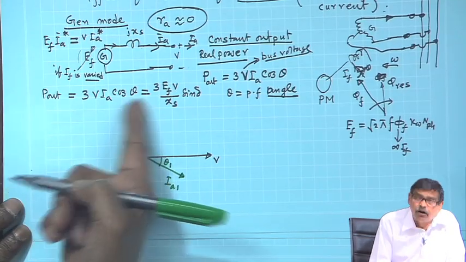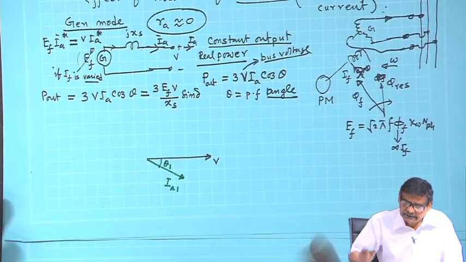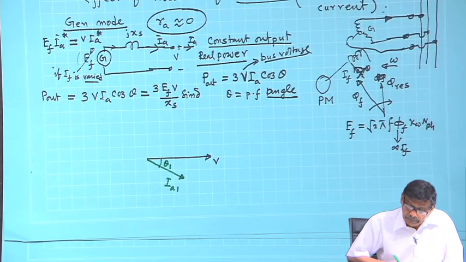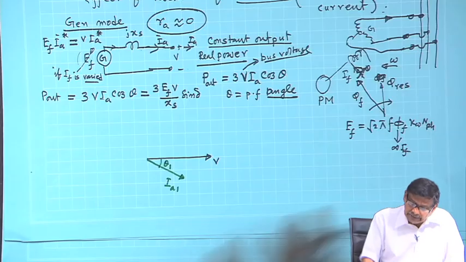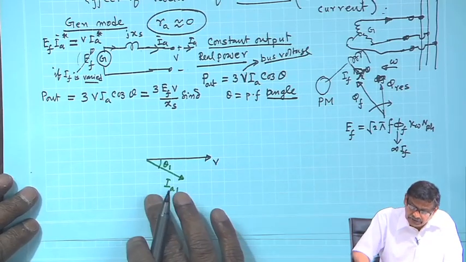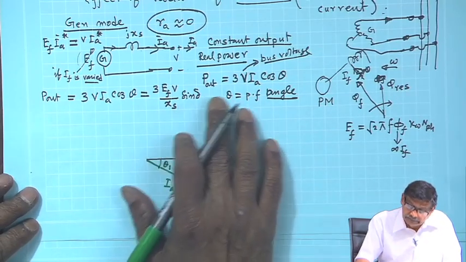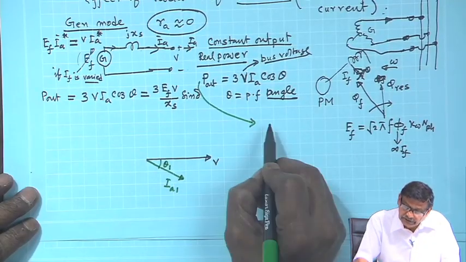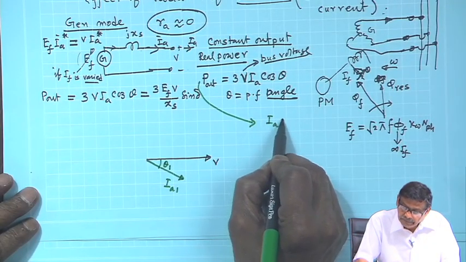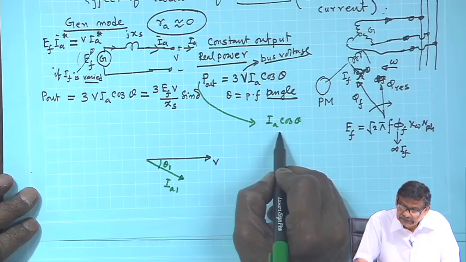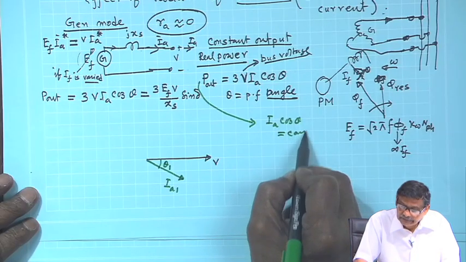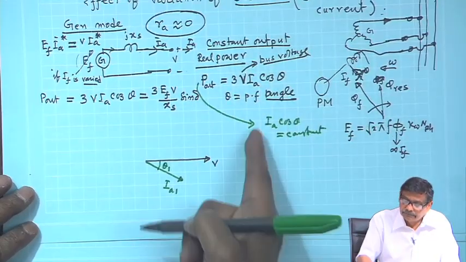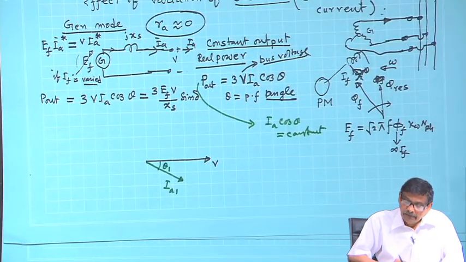This is the general operating point I have told, I A theta. Suppose it is doing like this. Then from this equation, I come to the conclusion that I A cos theta has to remain constant, because of the fact that V is, say, constant.